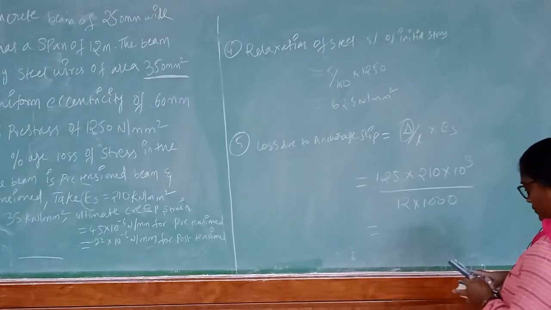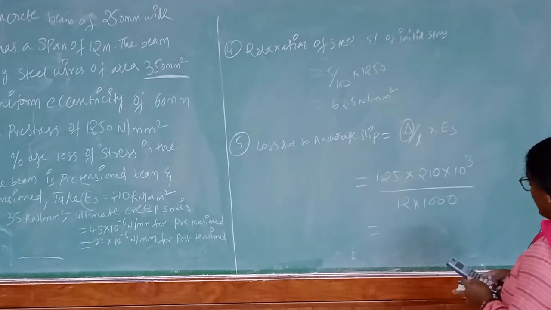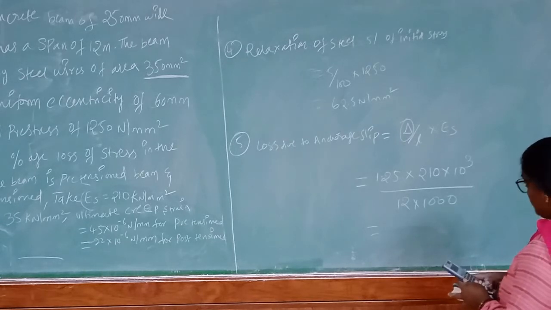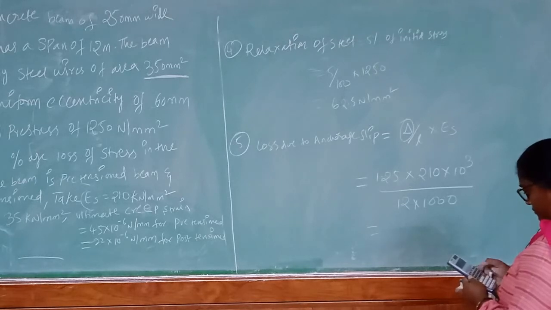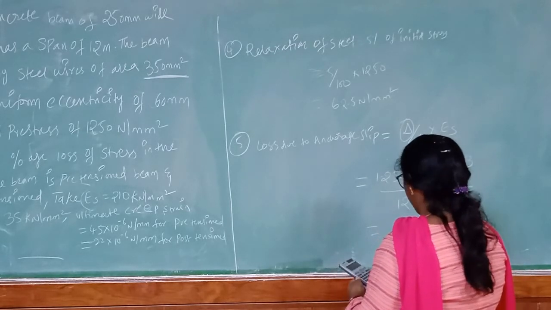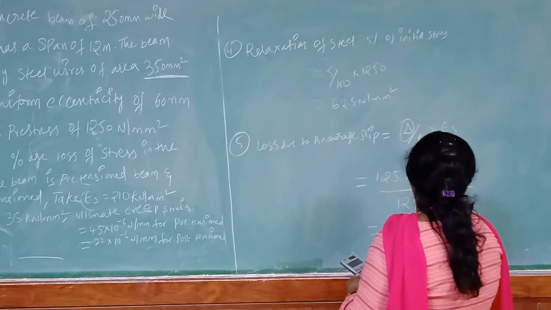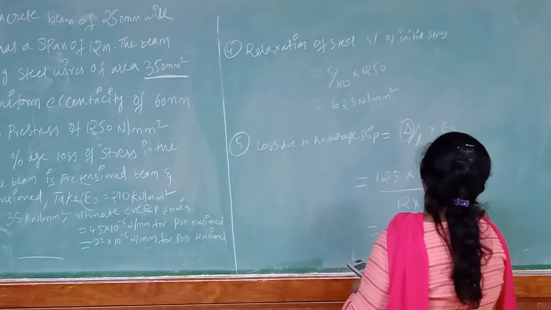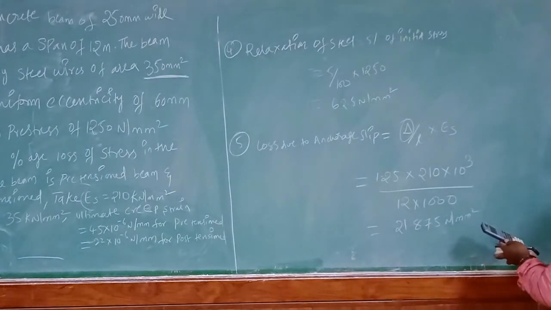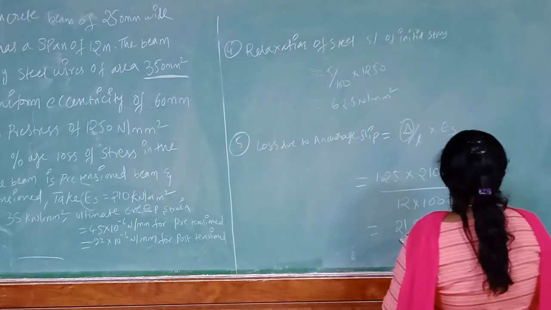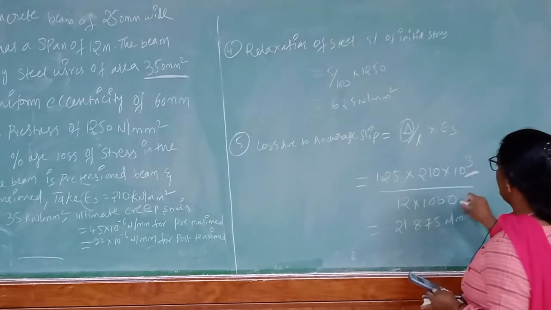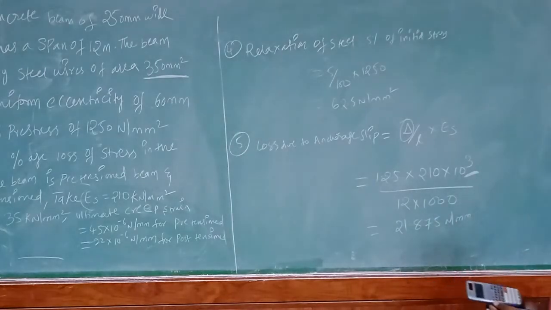1.25 into 210 into 10 to the power 3 by 12 into 1000. Here it is already Newton per mm square, right?